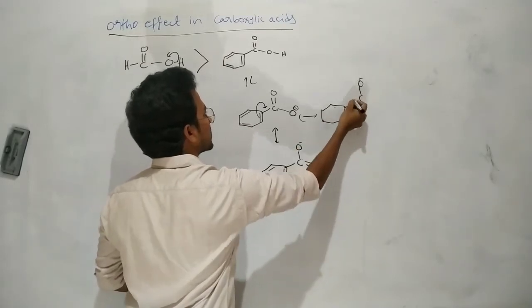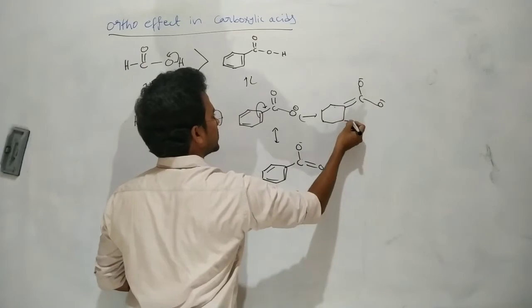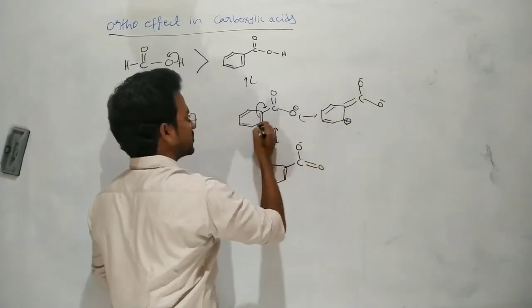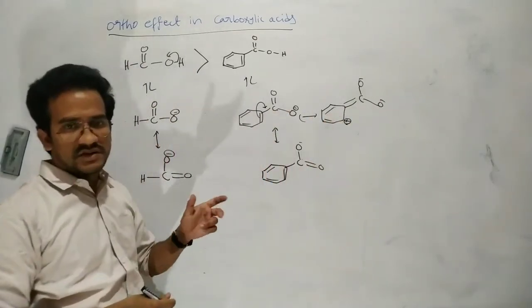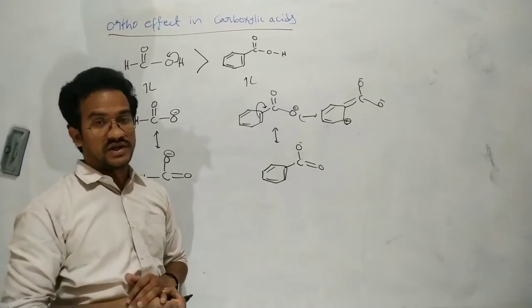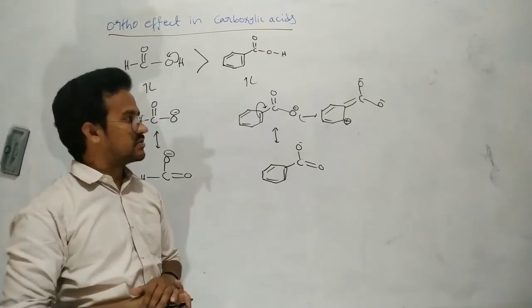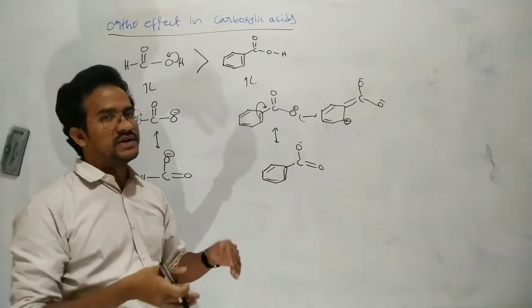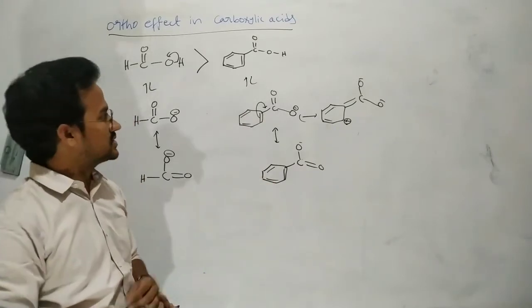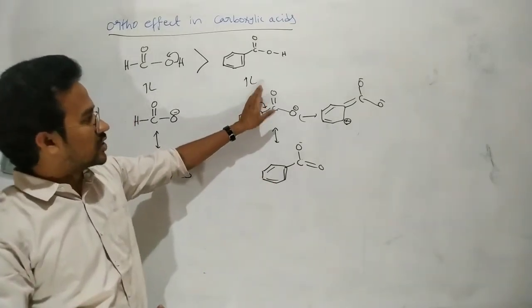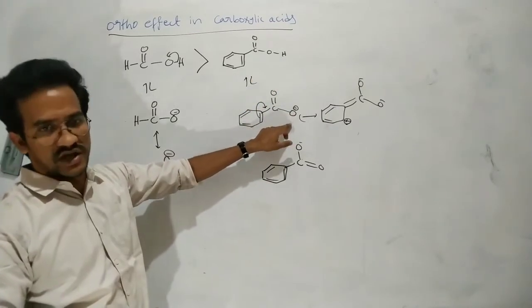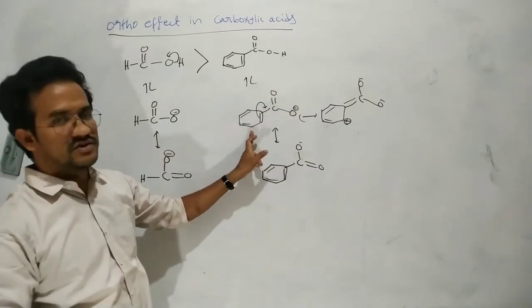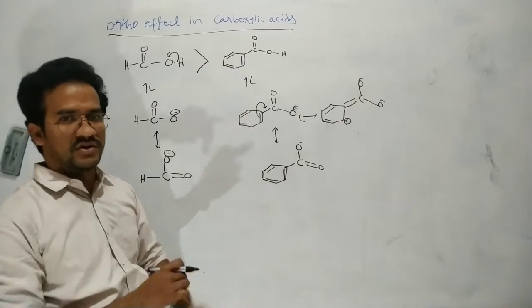The benzene ring acts as a plus M group. Because of the plus M effect, acidic nature decreases and anion stability decreases, because the CO group is also involved in conjugation with the pi bond of the benzene ring.